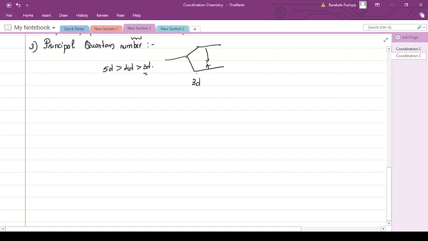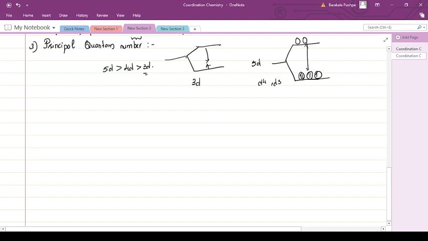So in the case of 5d orbitals, since the splitting is maximum, if it is a d4 or d5, the fourth electron will not go to the eg orbitals, it will pair up, because the magnitude of splitting is very high.